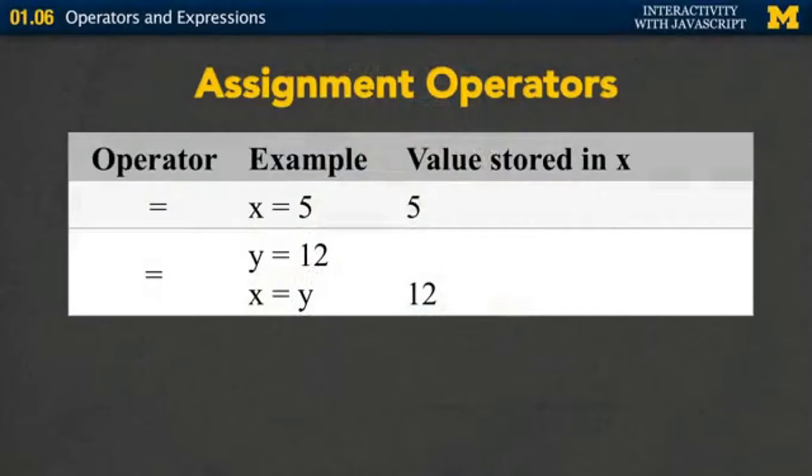So here's a very simple assignment expression. I just have x equals 5, or in another example I said y equals 12. So what's going on here is not an equal, or seeing if two things are the same. In this expression I'm saying, go find the value that is stored in y. After I grab that, go and store it in x as well.